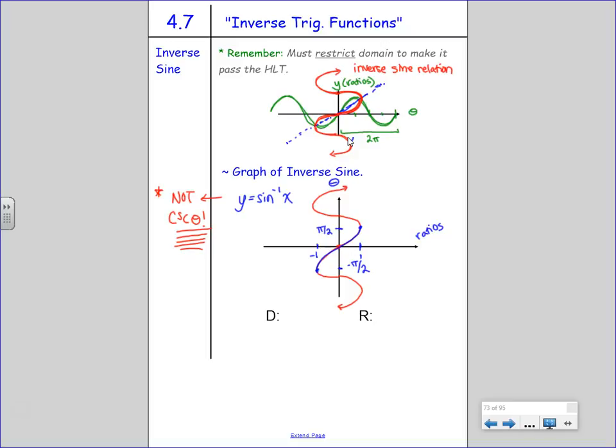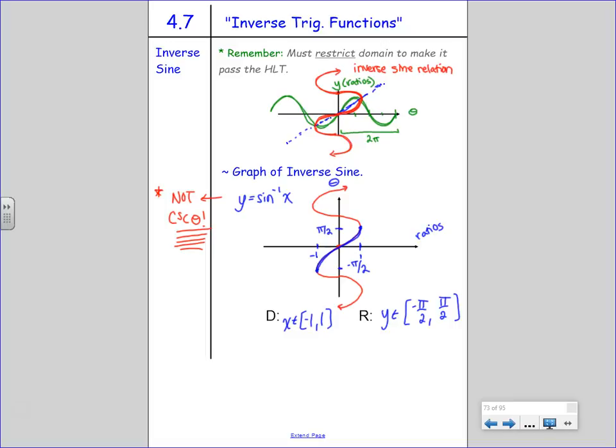How far right, how far left? Well, remember we always start with the left one, -1, to the right one, 1. That's the domain. Range, how low, how high? Well, how low will he go? No, remember we have to cut it. 1 and -1 is how right, how left. How low, -pi/2, to how high, pi/2.